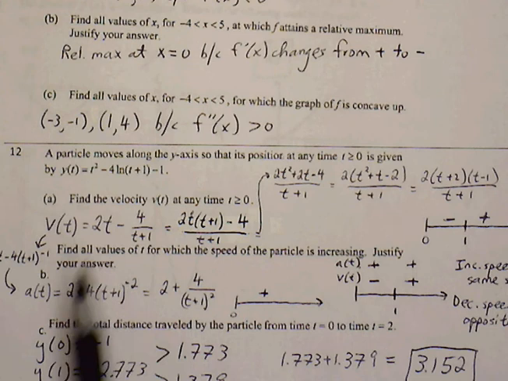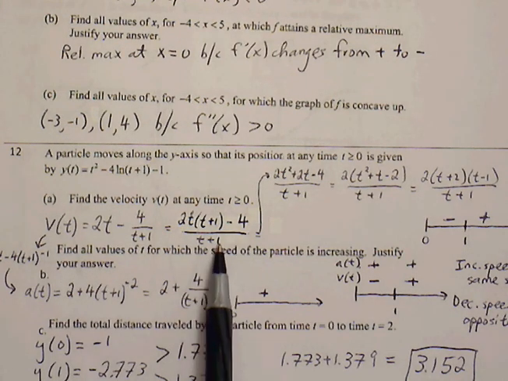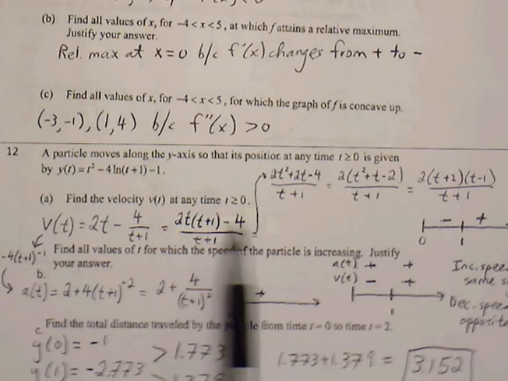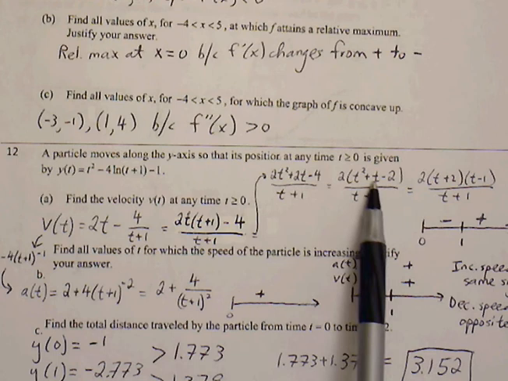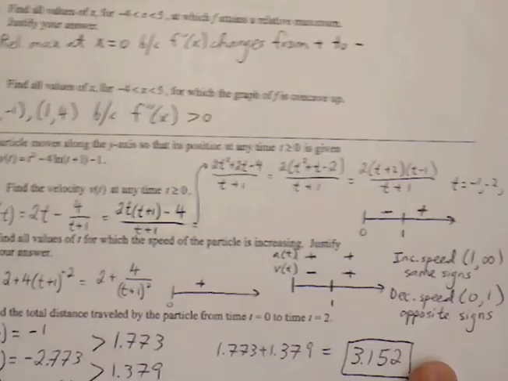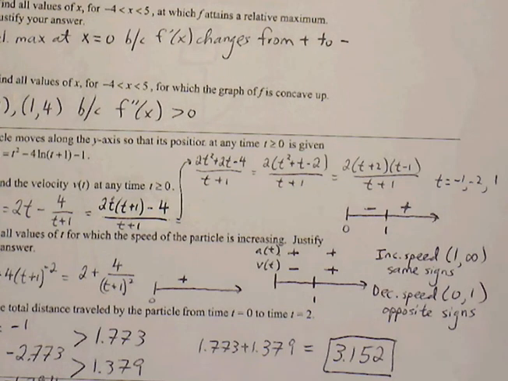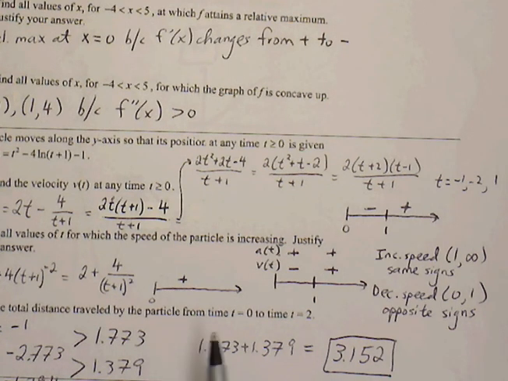After I find a common denominator, I can make this 2t times t plus 1 minus 4 over t plus 1. Combine terms in the numerator, factor out the 2, and factor the remaining trinomial. So my critical points will be at -2, 1, and -1.